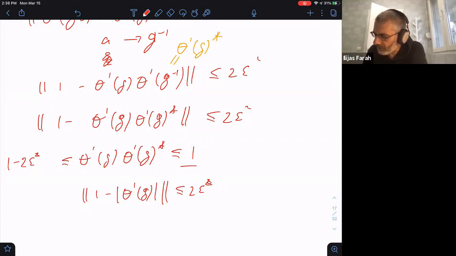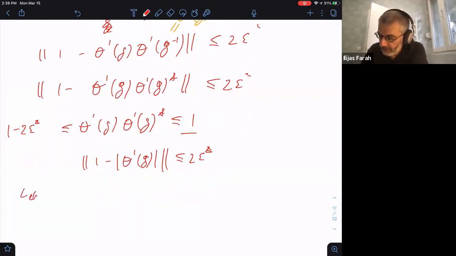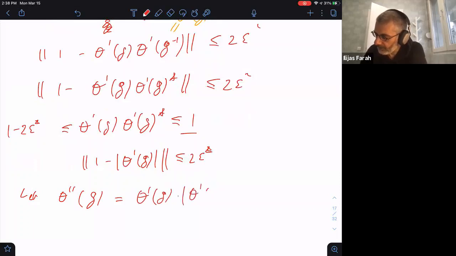So theta prime of g is not too far from 1. So we just define theta double prime of g to be theta prime of g times the inverse of the absolute value of theta prime of g. This doesn't change things too much because this is close to 1, and theta double prime of a is just theta prime of a if a is not unitary.